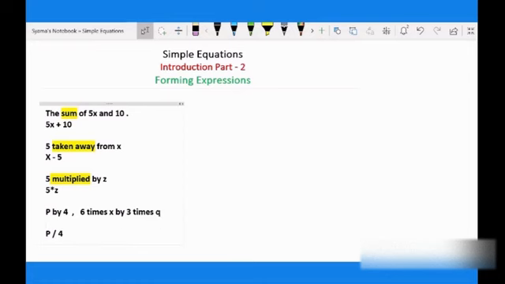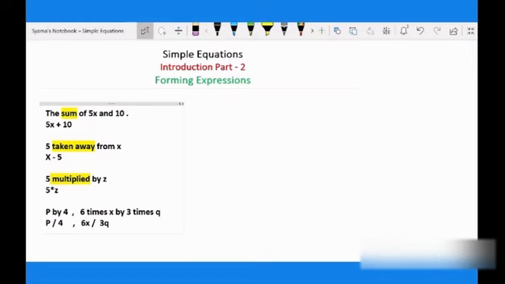Times is nothing but multiplication. So 6 times x means 6 into x. By means division. So 6x by 3 times q, which means 3 into q, so 3q.